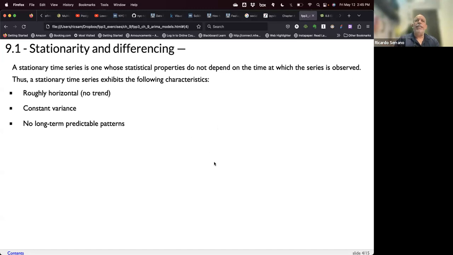Okay, so let's talk about stationarity. When we say that a time series is stationary, we are basically saying three things about that time series. The time series doesn't have any trend, so the mean of that time series is constant along the time range.